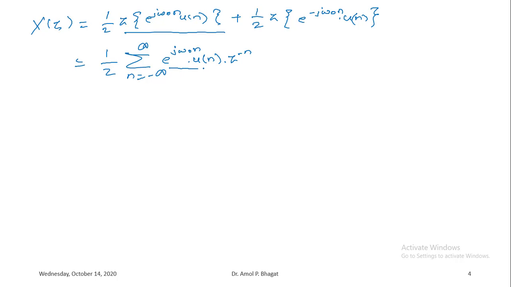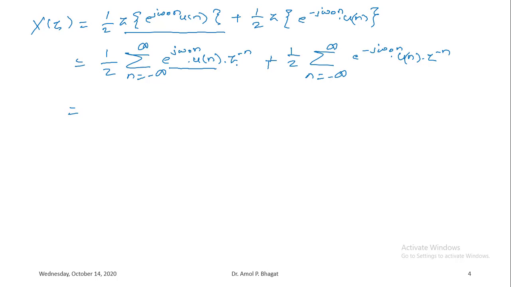Similarly, 1 by 2 again summation n equals minus infinity to infinity e to the power minus j omega 0 n into u of n into z to the power minus n.